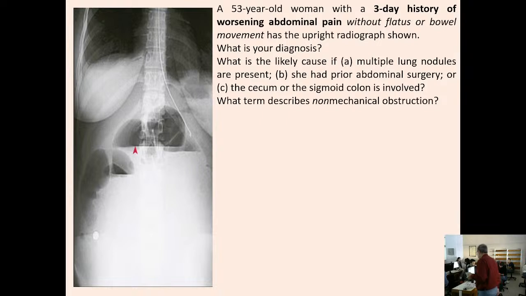We've briefly discussed it previously. The loops are distended, and you see they are filled. How big? So what does this mean? And the patient has no stool, neither gas.